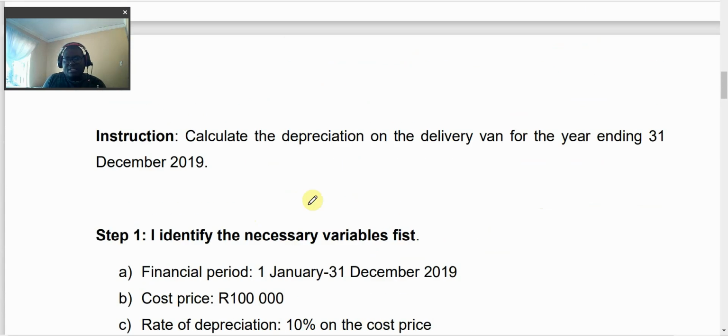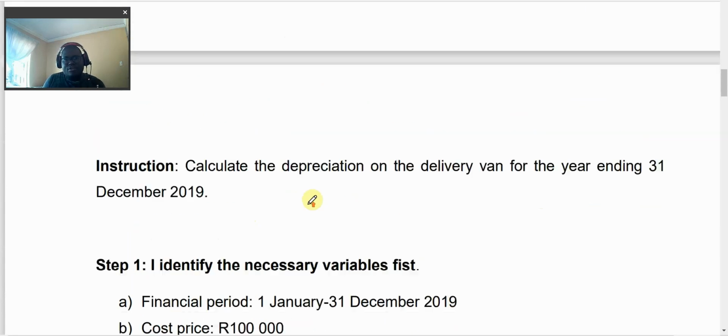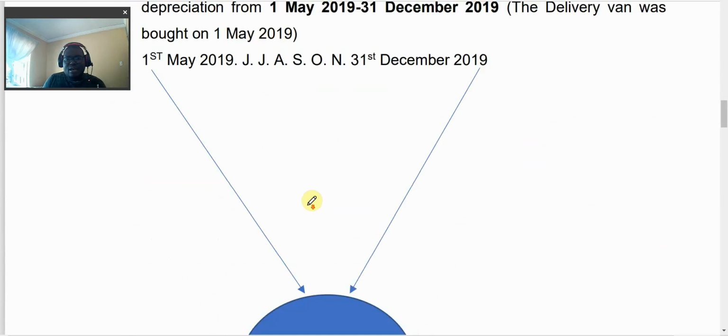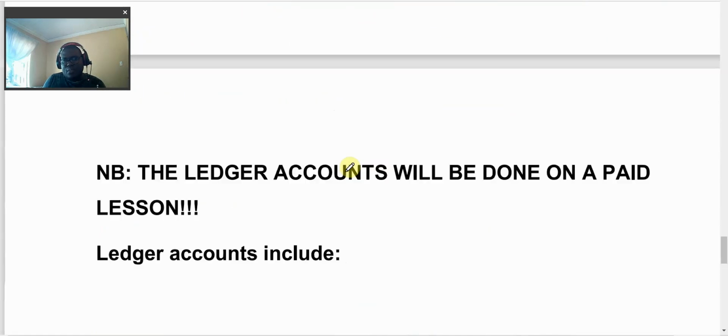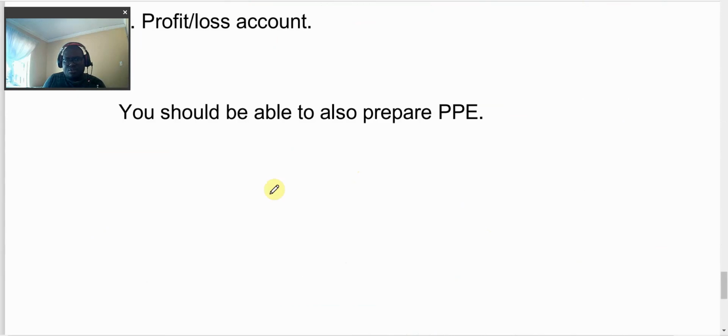I identified those things on the information. I just hope I have space somewhere to show you. I'll use here so that we can go back to those steps. Now we know that the year starts at the beginning of 1 January.